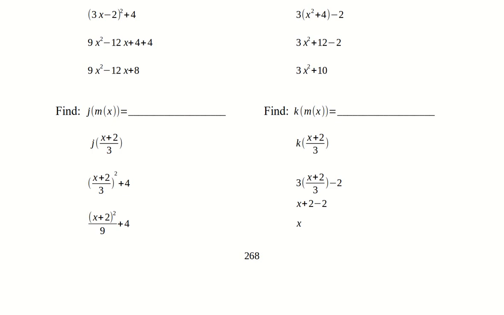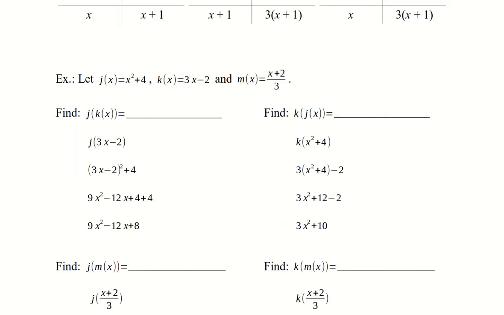K and m are very special. They're a pair of functions called inverse functions. One is the inverse of the other. Now I want you to take a few seconds and just look at k and m and notice that they're the inverse operations in the opposite order. Well, that's the definition of undoing. So whatever one does, the other undoes.